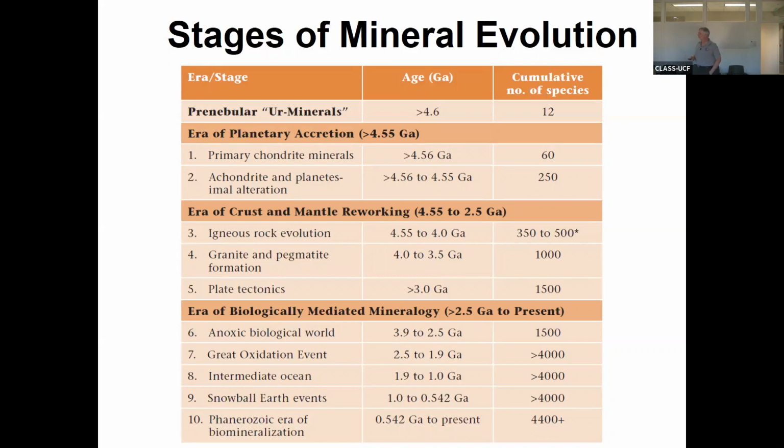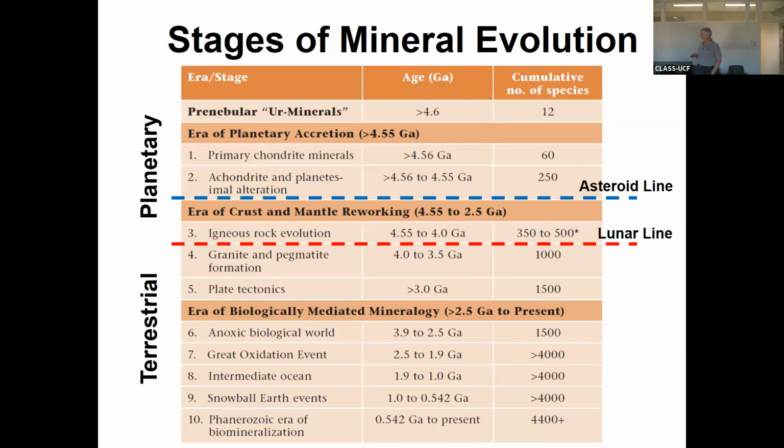So anyway, almost all of this chart directly relates to the Earth and the chemical and physical and biological conditions essentially operating on Earth. So for our purposes, really the planetary line is the first 3.